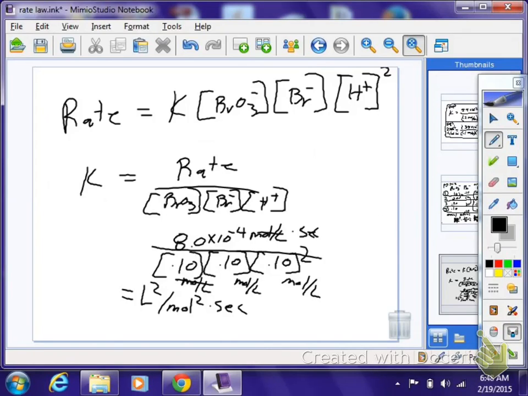Right? That's what we, nope, I take that back. I apologize, that would be, when we square the molarity there, that would make our values not be that way. I apologize again. So when we square molarity, so that actually would be molarity squared times moles would be molarity cubed, and liters is also cubed. So that would be our units for K.